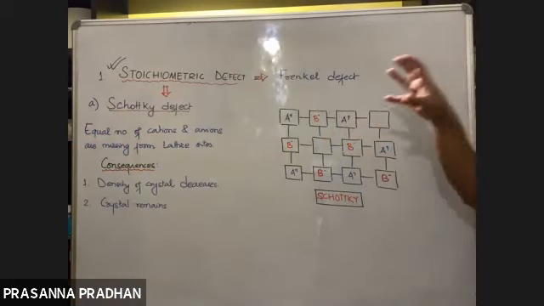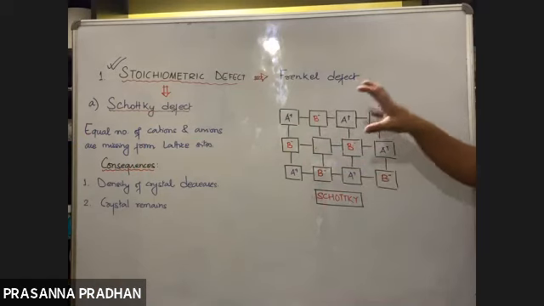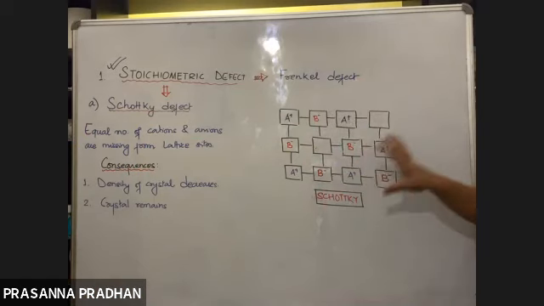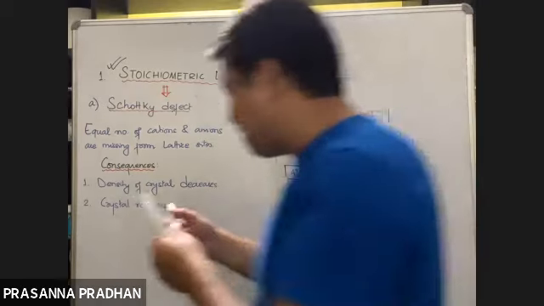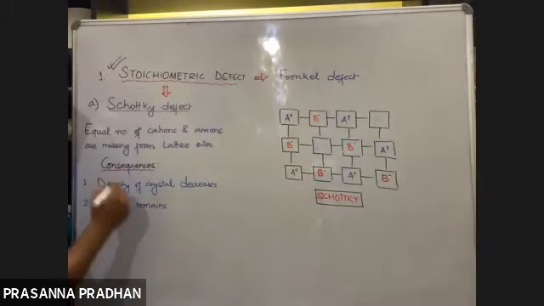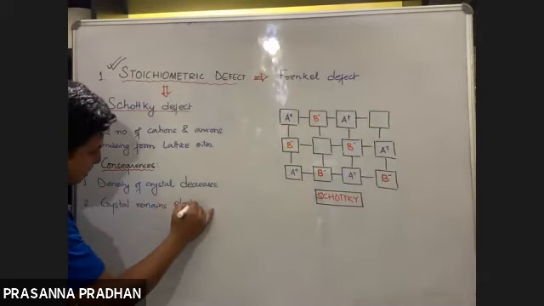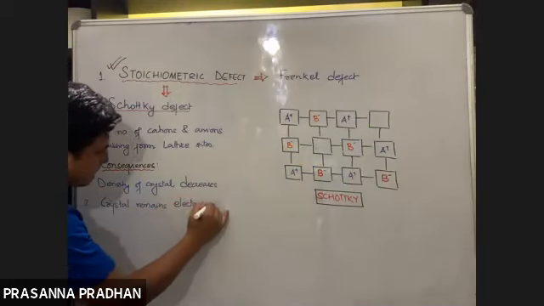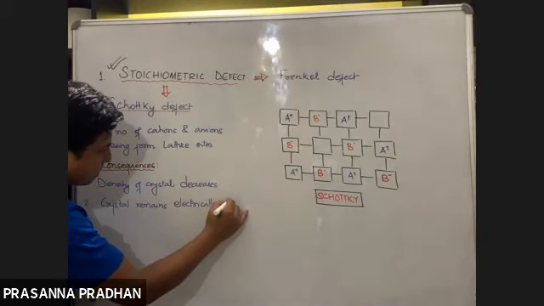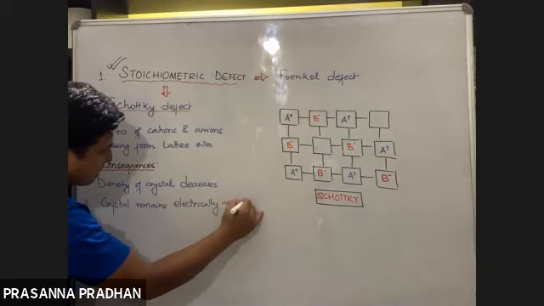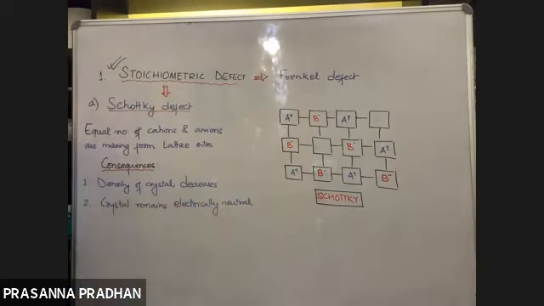The number of positively charged cations is equal to the number of negatively charged anions. So due to balancing of charges, the crystal remains electrically neutral.